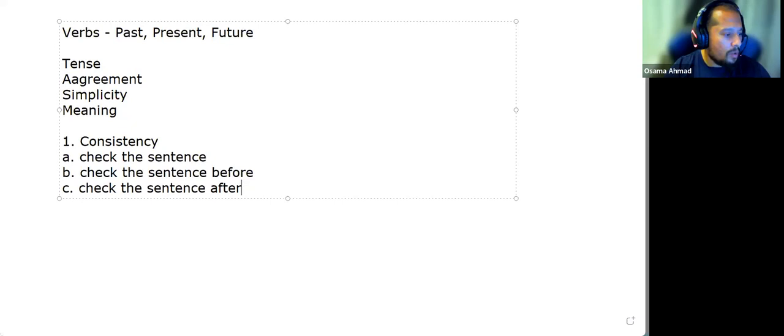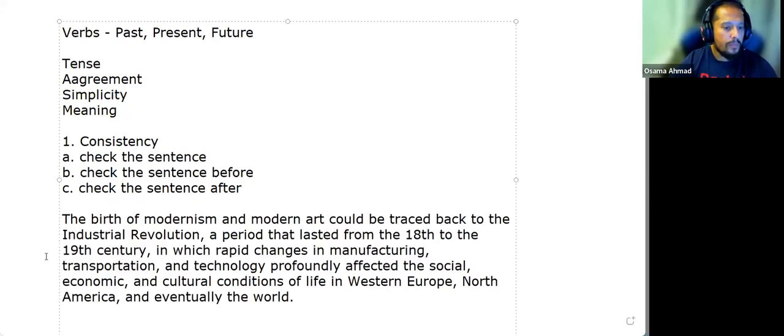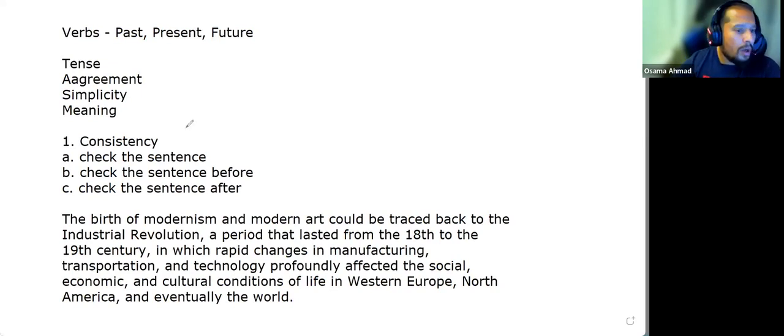Here's a good example, right? So the birth of modernism and modern art could be traced back to the Industrial Revolution, the period. Now we're talking about the Industrial Revolution, a period that lasted from the 18th to the 19th century, in which rapid changes in manufacturing, transportation, technology profoundly affected.